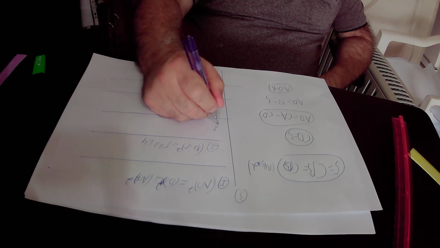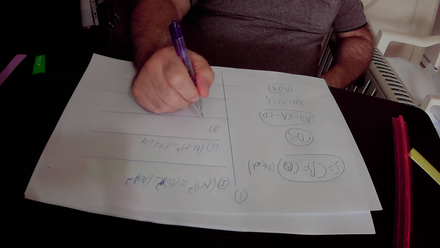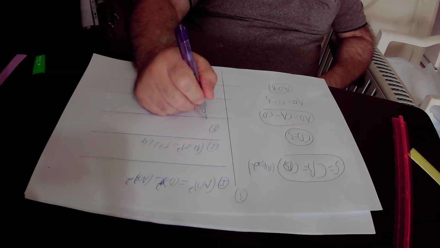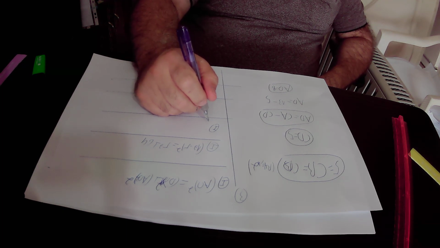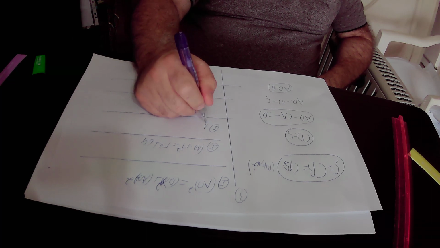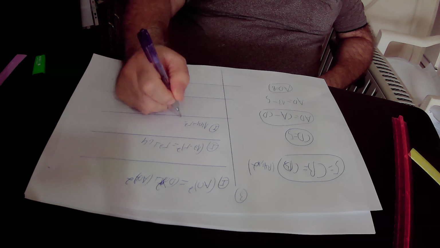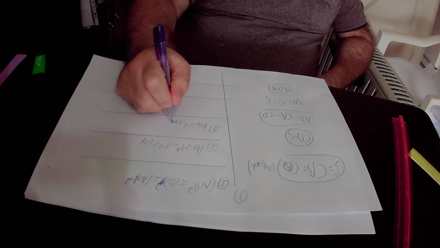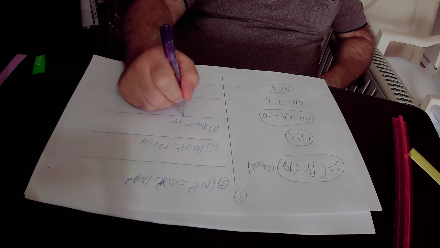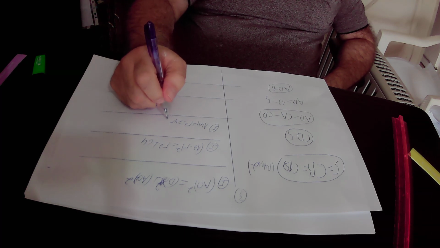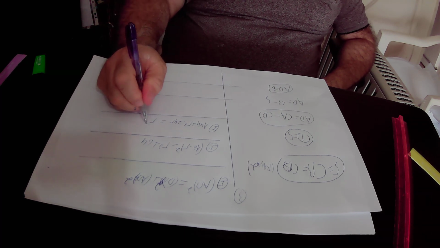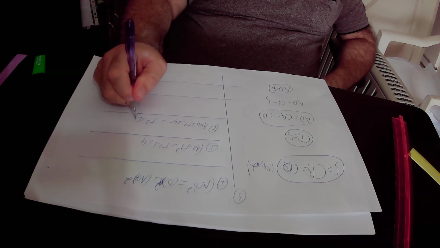So here we will open the brackets on this side of equation number 1, and we will get that (12 minus R) square equals 12 square, which is 144, plus R square minus 24R, and it equals R square plus 64.